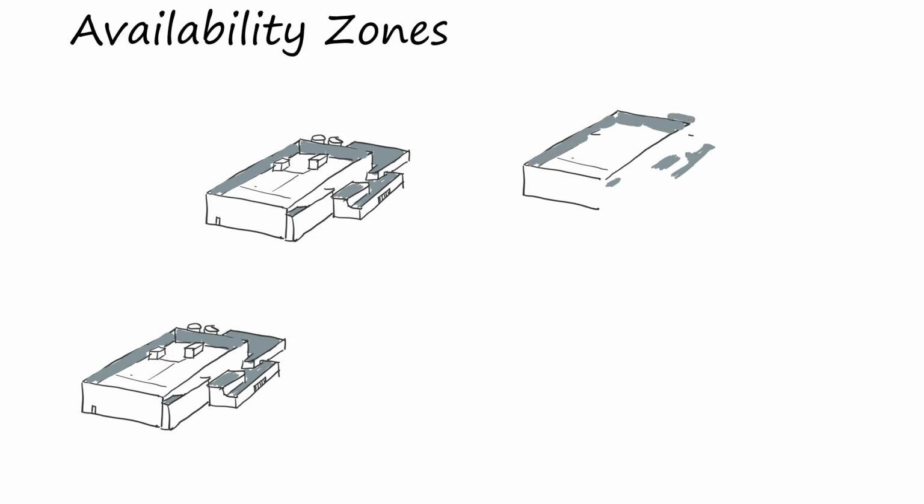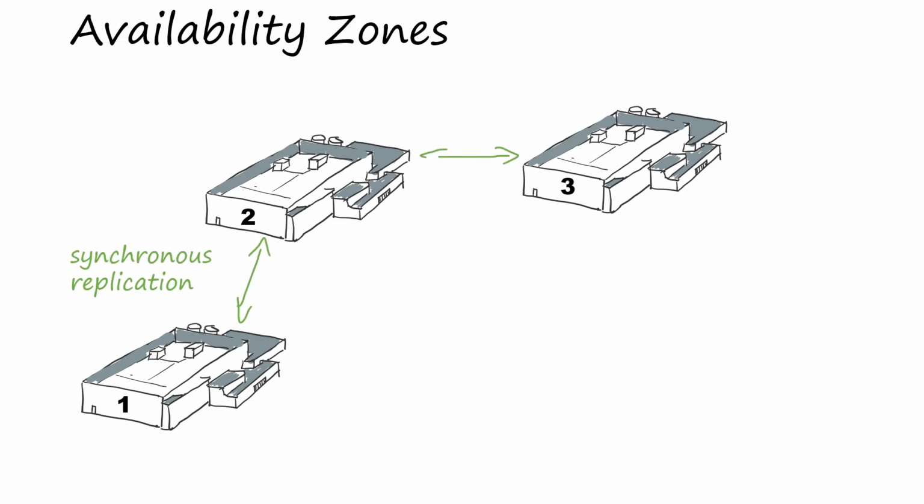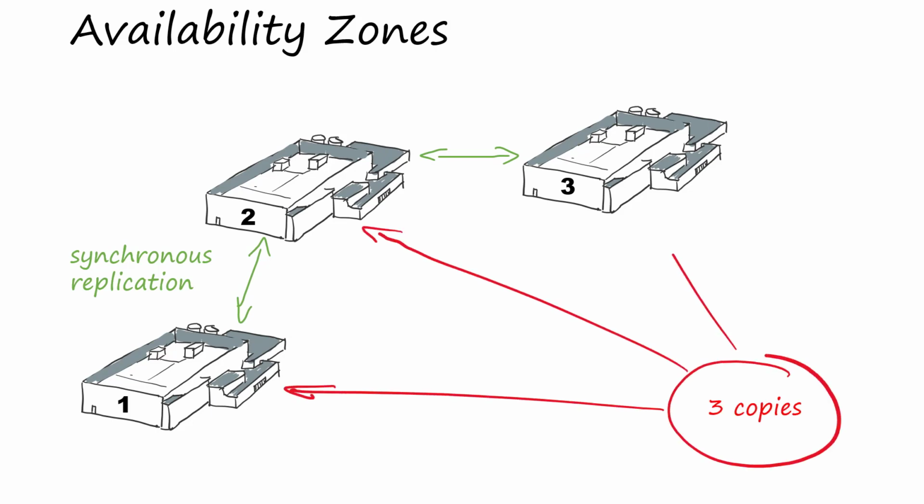They have separate power, cooling and networking, and are usually on separate physical sites, but close enough to support synchronous replication over low latency connections. Like locally redundant storage, zone redundant storage gives us 3 copies of the data, but they're distributed across the 3 zones, so a failure of a data center doesn't result in service interruption or data loss, giving us 12 nines.